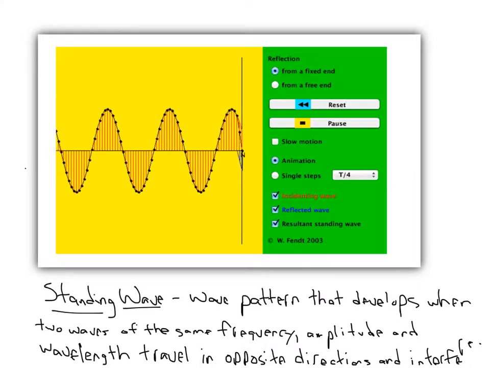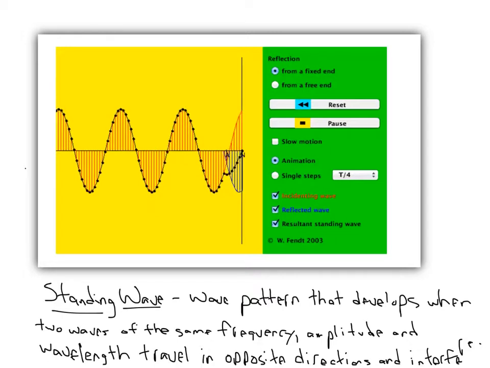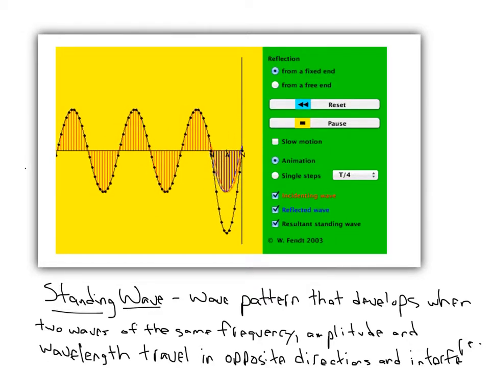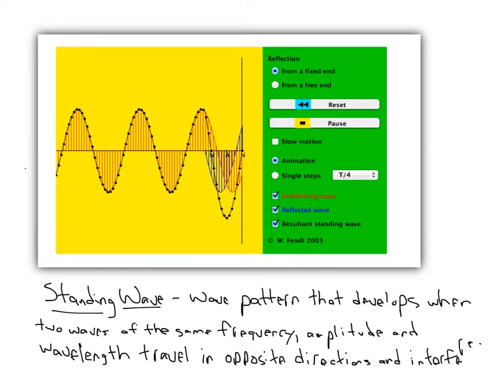Okay, here is our reflected wave in blue. Now notice it just passed an incident wave that was traveling to the right as it traveled back to the left, and they created an area of constructive interference.